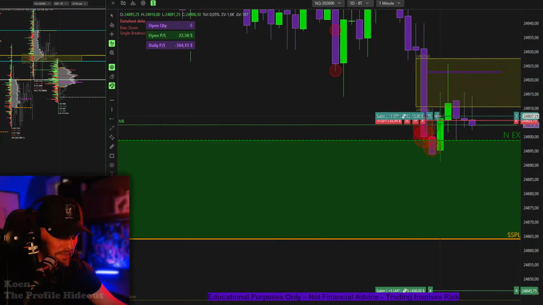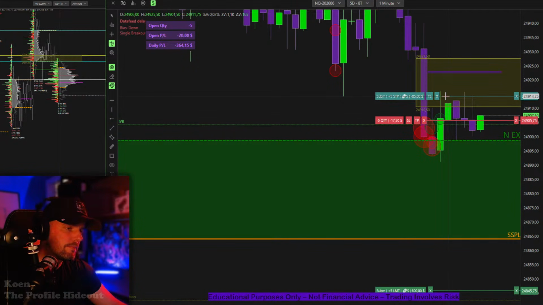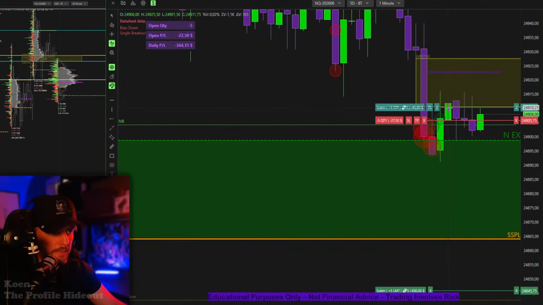Trade location is obviously very aggressive. This is the start of the move. Doesn't look like it.